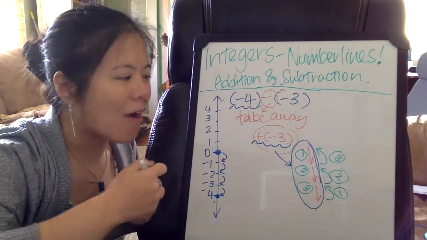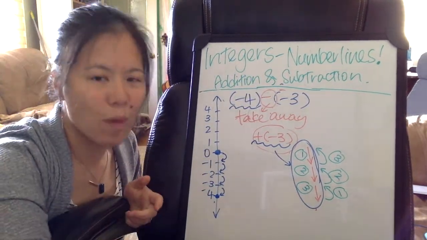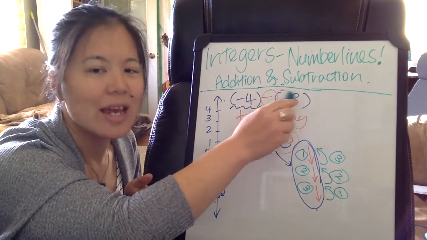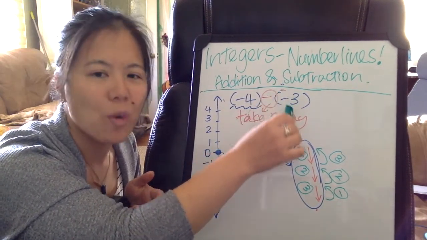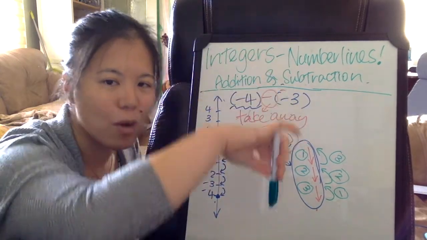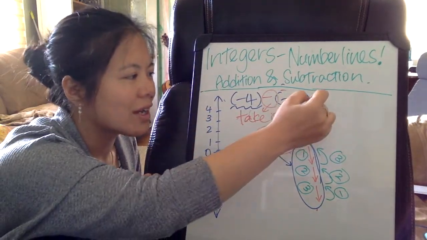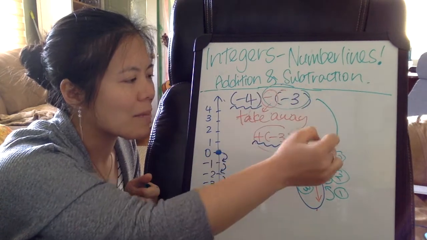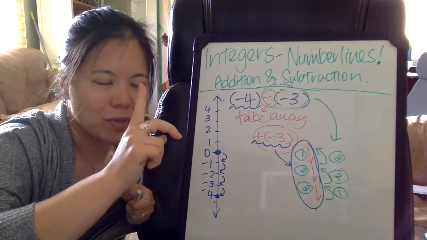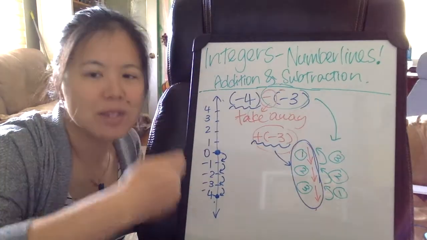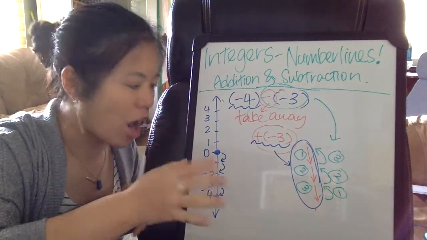Here, now I am taking negative steps. So that means taking away, going 3 steps downwards. So this part, that means I am taking steps upwards, right? I'm taking 3 steps upwards because I'm doing the opposite.